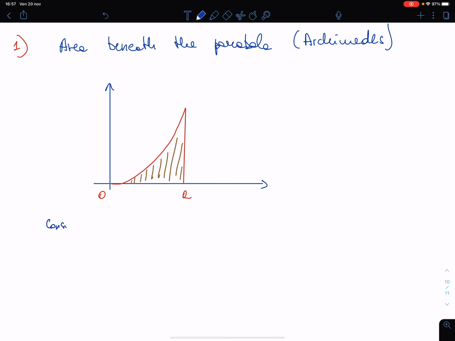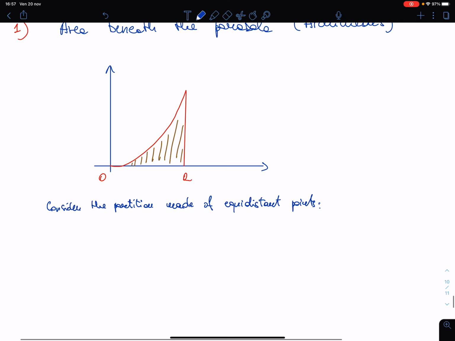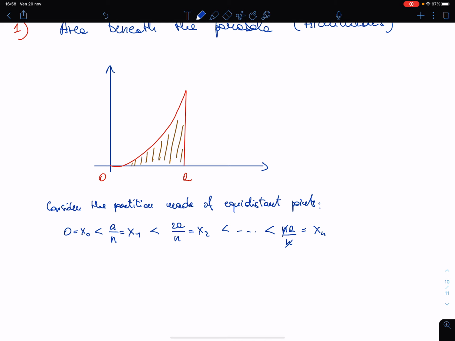Consider the partition made of equidistant points, so you have 0, which is equal to x0, which is less than a divided by n, which is x1, less than 2a divided by n, which is x2, up to na divided by n, which is a, that coincides with xn.